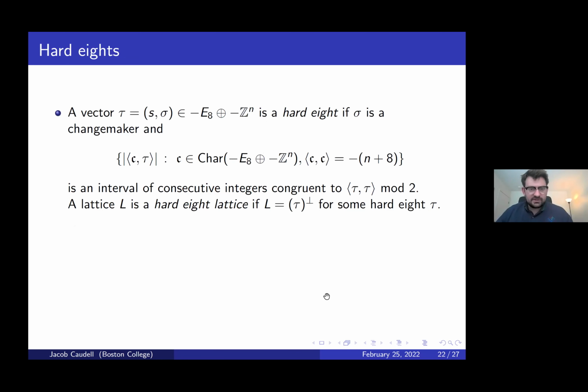Where some new work starts to come in is considering the implication of the input from Floer homology if you're instead looking at a vector in minus E8 plus something diagonal.